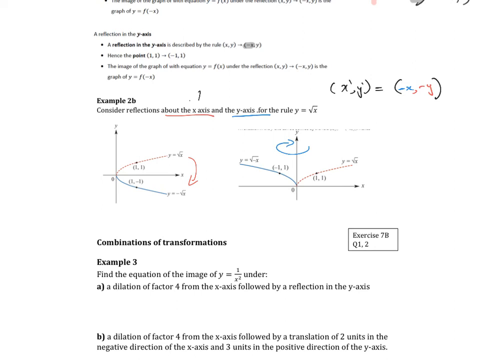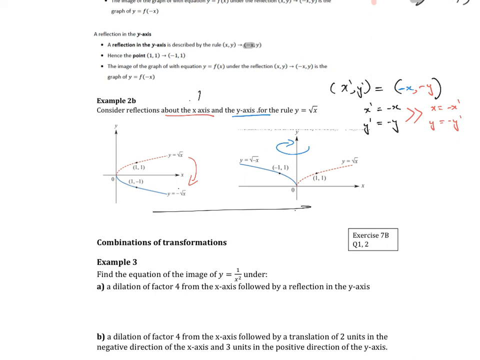So this may not be how the question's intended, but this is the way we'll do it at the moment. You can see the individual ones down here already. So that means x dashed is equal to -x, y dashed is equal to -y. Leads to x equals -x dashed, y equals -y dashed. Substitute that into whichever rule we're talking about.